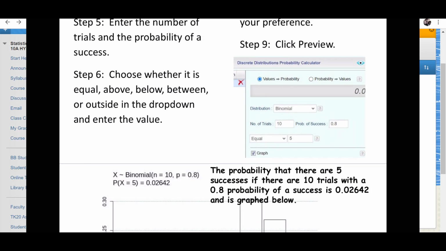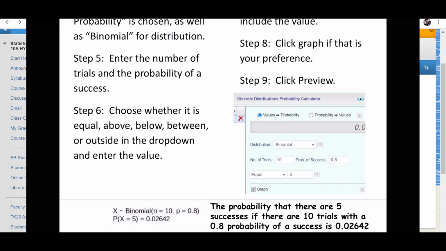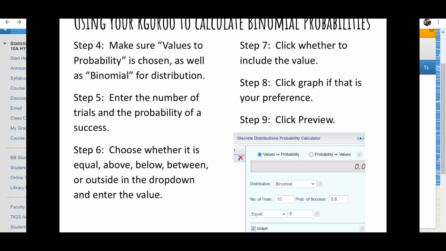Let me just go back through here. We enter the number of trials. You choose whether it's equal, above, below, between, or outside in the drop-down. Those are your options. Then you include the value in the box like I did here.